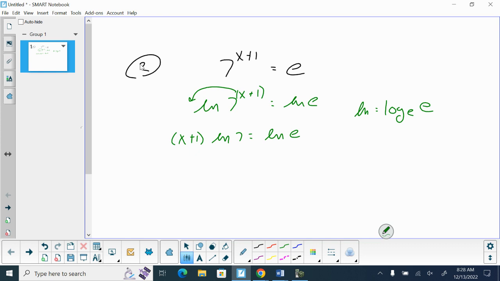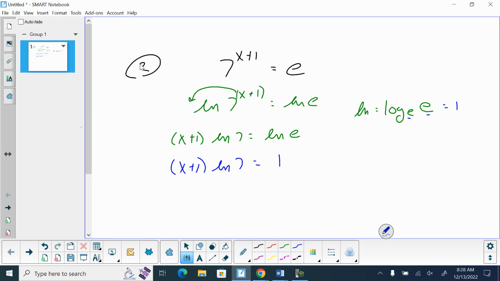When you have log base e of e, or the ln of e, this is equal to a value of 1. So what we're left with is x plus 1, ln of 7 is equal to 1.